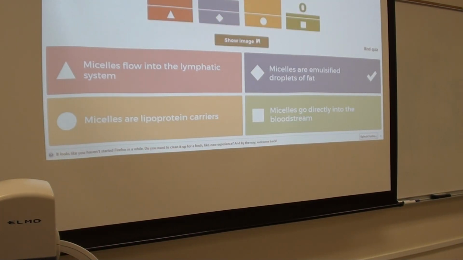Okay, so it looks like y'all were a little bit confused about that one. But micelles: when you eat exogenous fat, so if you ate a pizza, the fat from the pizza is going to enter your stomach, then your small intestine. And remember, it is not water soluble.